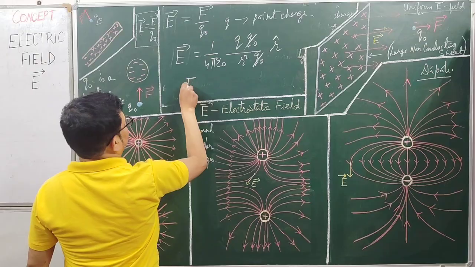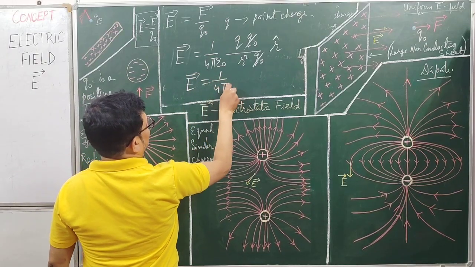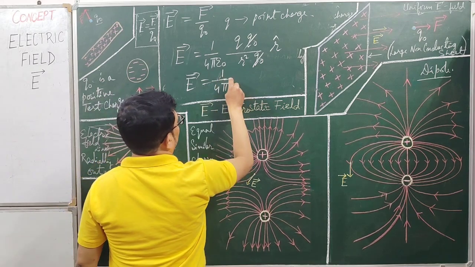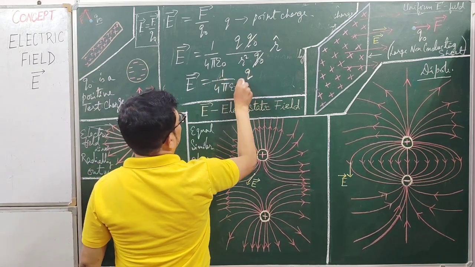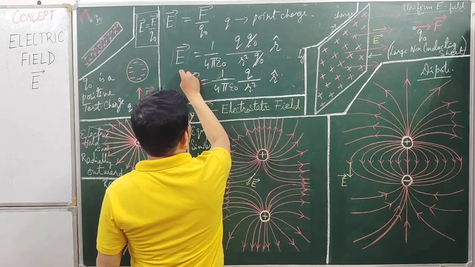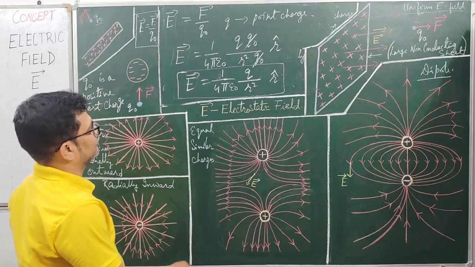So vectorially, the electric field because of the point charge Q is 1 over 4 pi epsilon naught Q divided by R square times the unit vector R. So this is the equation we have derived for a point charge.